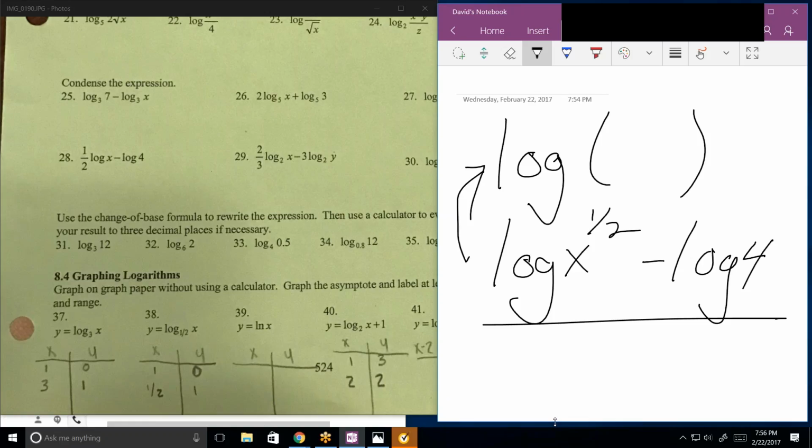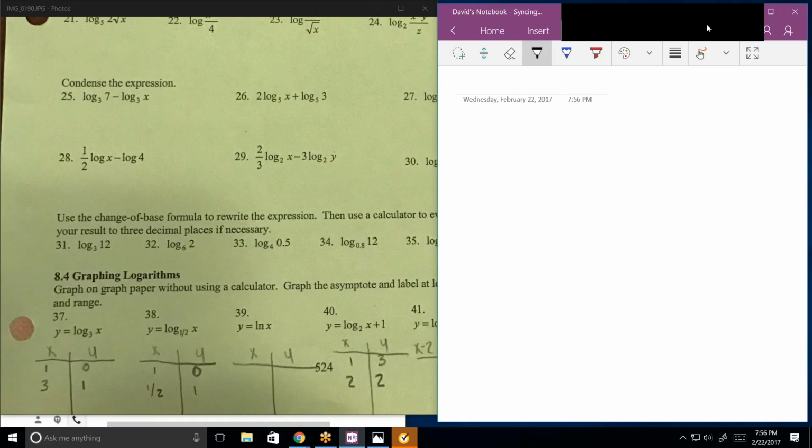Would it be 1/2 to the fourth? Or over 4? X to the 1/2 over 4. In other words, it's got to be that divided by that. Okay? Cool.